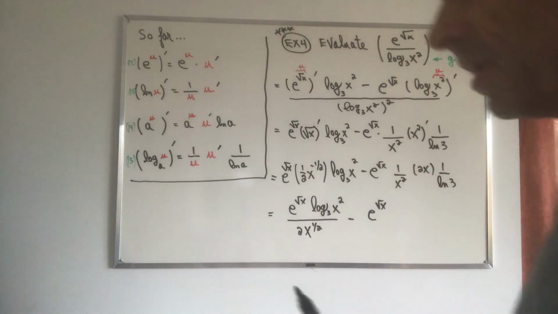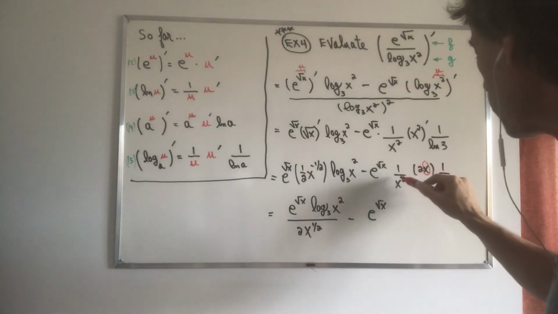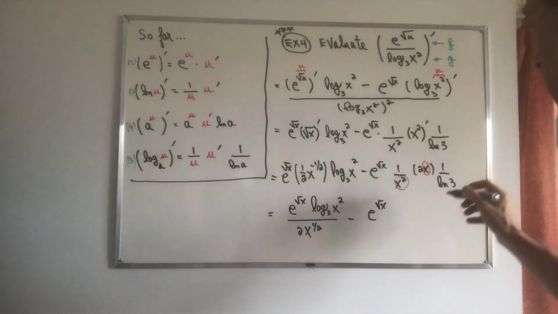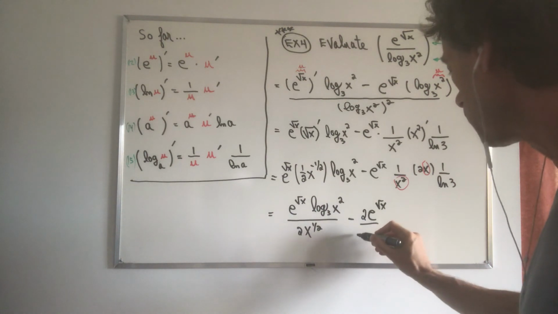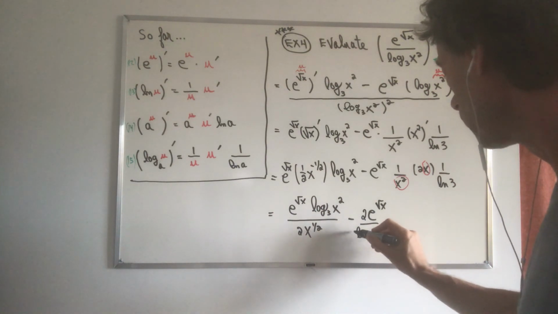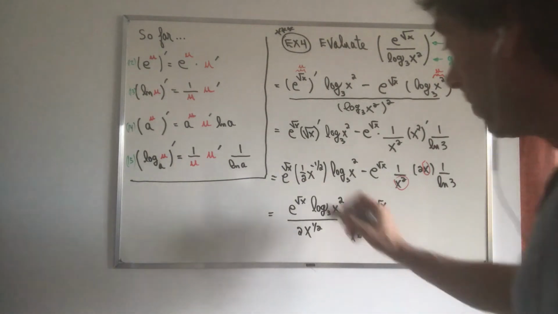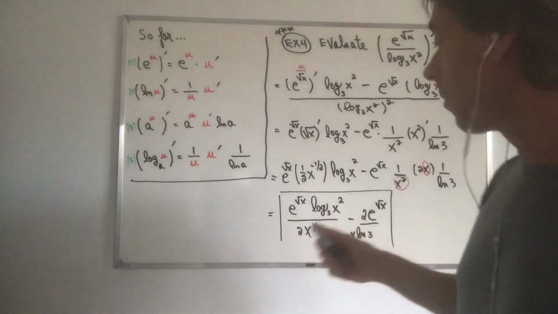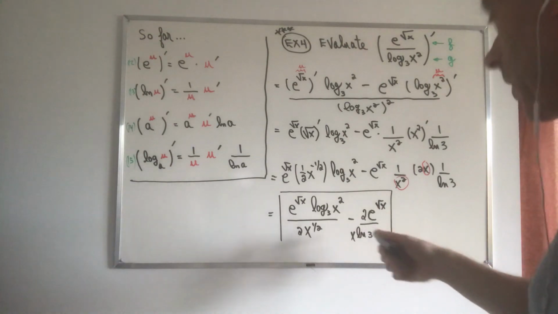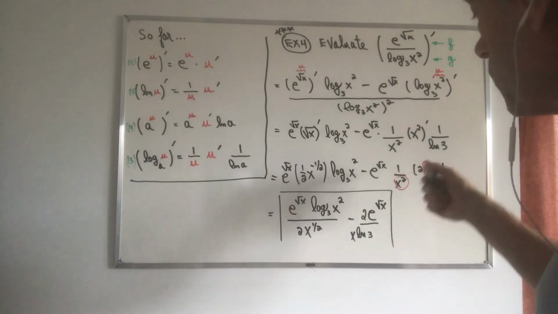If you want, only if you want, you can cancel this x with the x squared, and you will be left with an x downstairs. So the 2 I can put here, and that is just ln 3 times x. So x ln 3. And that would be the simplified version if you want. If I wanted to really simplify some more, I could take a common denominator. But basically I won't. I will leave it like that. It's good enough. I've already simplified a little bit.